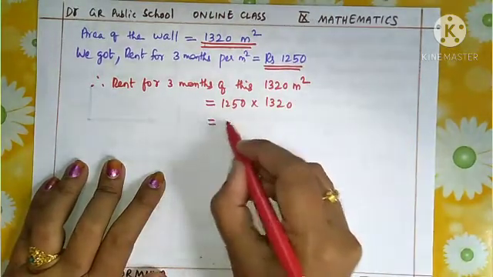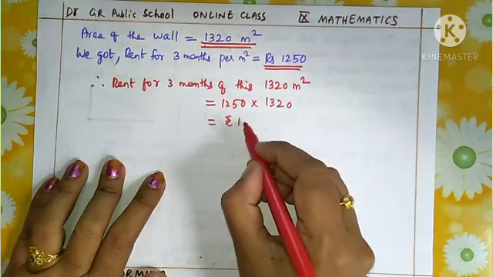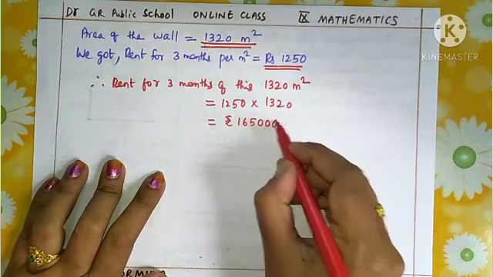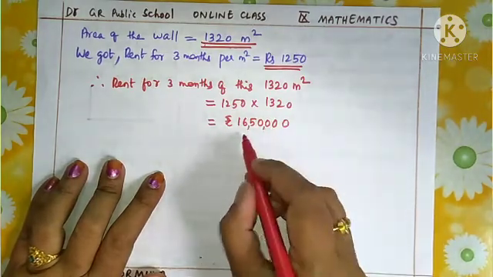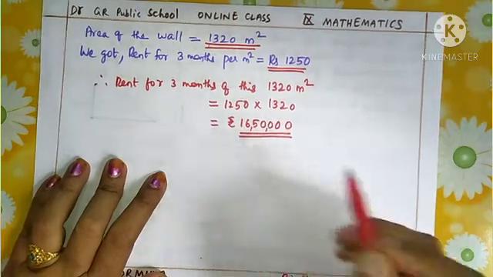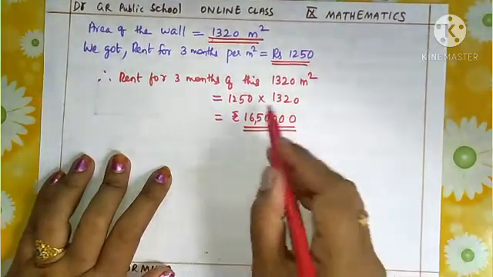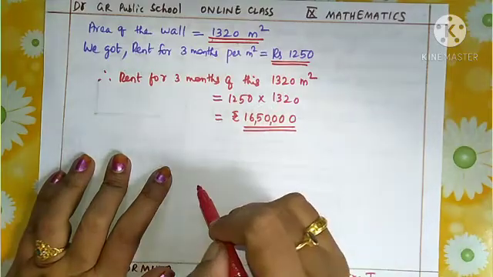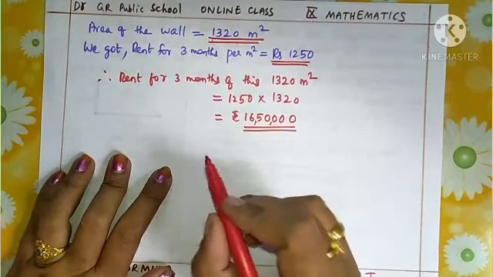So you will get rupees 165 and 4 zeros, that is 16,50,000 rupees.